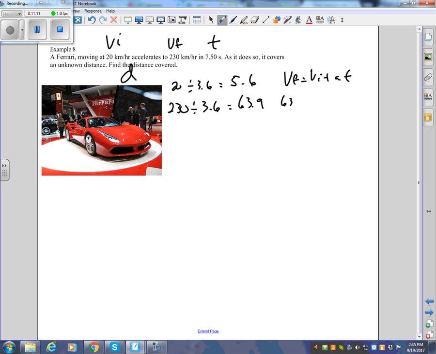So 63.9 is equal to 5.6 plus a times 7.5. This time the acceleration is quite a bit less, isn't it? All right? It's happening in 7.5 seconds. After all, it's only a Ferrari. 63.9 minus 5.6 all over 7.5, right?